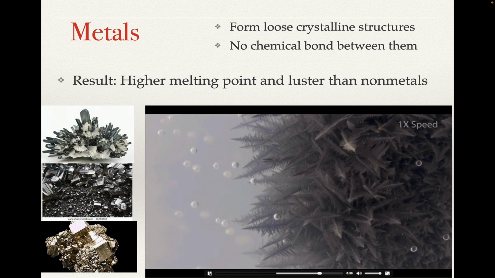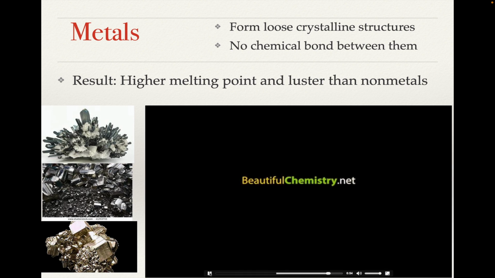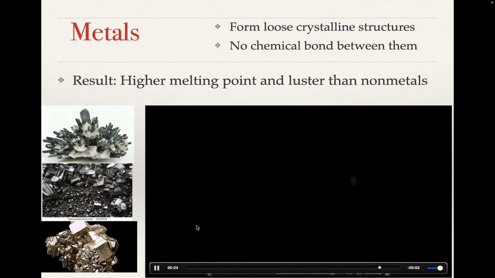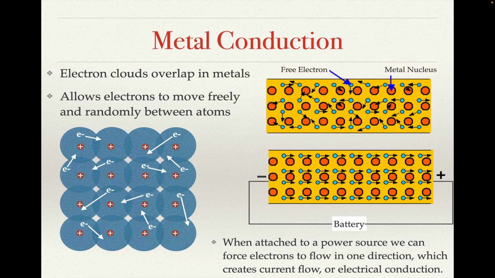And now this is zoomed in. So we see that metals, as they form, do form a crystalline pattern, very much like other ionic compounds would, where nonmetals would not form that kind of pattern.